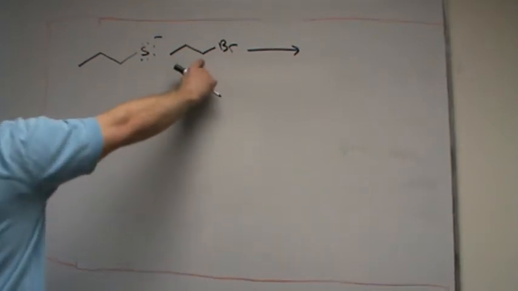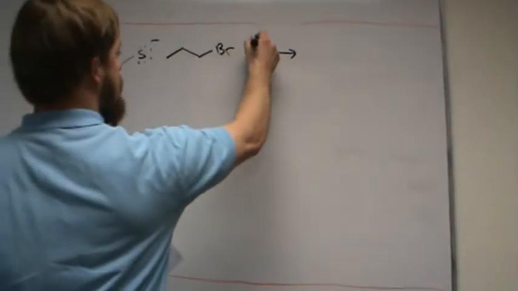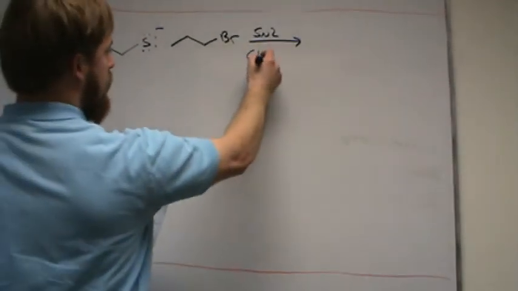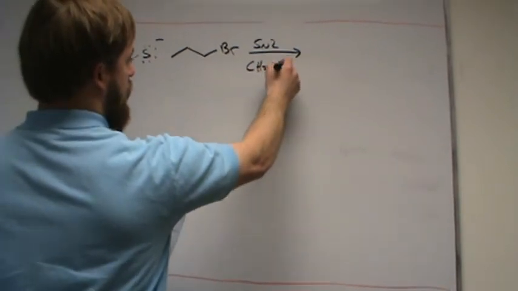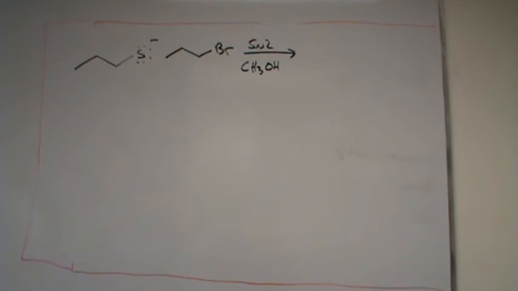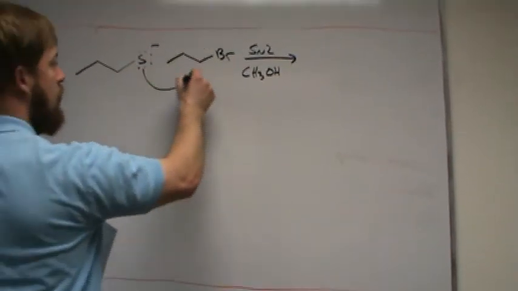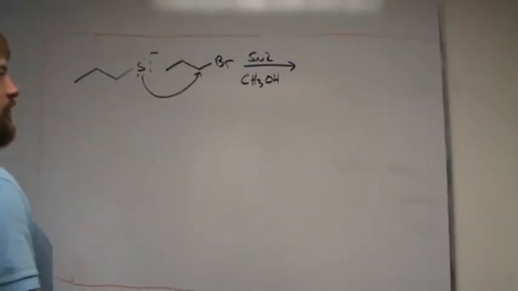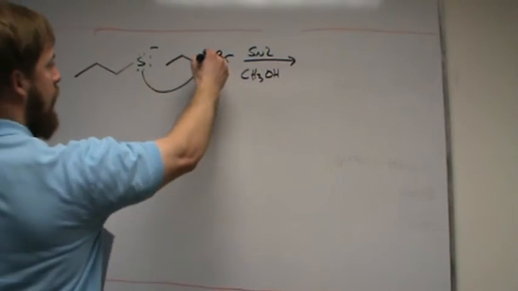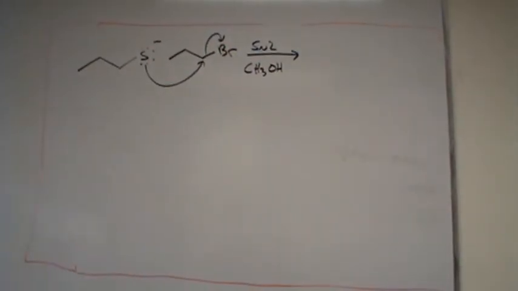Primary alkyl bromide with a good nucleophile. It's SN2. If we wanted to put a solvent in here, we could put methanol, or maybe an aprotic solvent would be better, but it really doesn't matter here. The nucleophile will attack, backside attack, concerted reaction, attack the carbon, form a new sulfur-carbon bond, and get rid of the leaving group. All in one step.